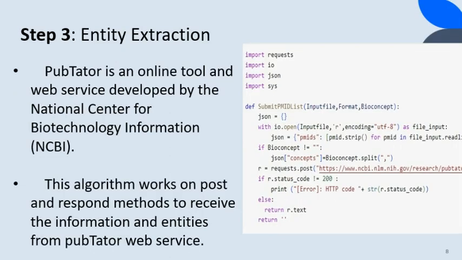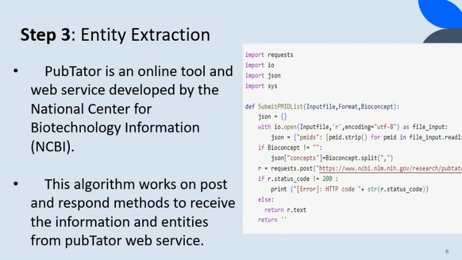The third step is the entity extraction. For the entity extraction, we use the PubTator web service. It's an online tool and web service that is developed by the National Center for Biotechnology Information, NCBI. These algorithms work on post and receive methods to receive the information and entities from the PubTator website.